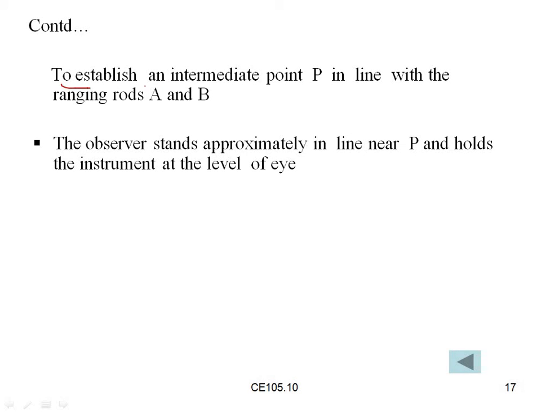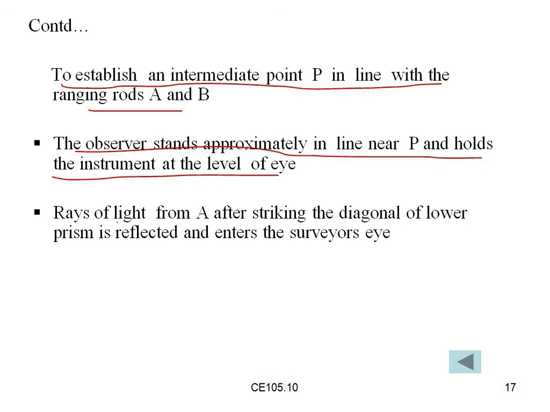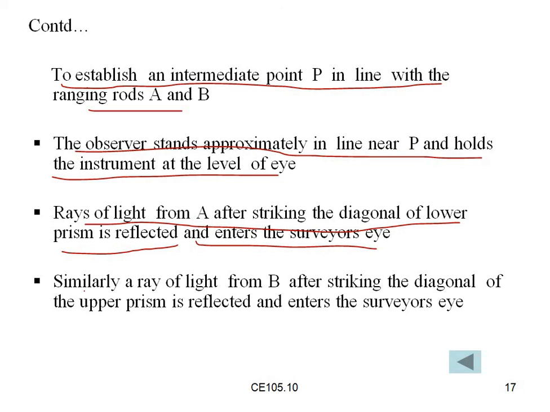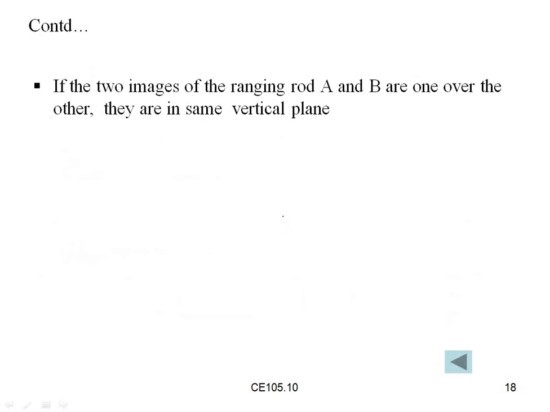Here, to establish an intermediate point P in line with the ranging rods A and B, the observer stands approximately in line near P and holds the instrument at the level of I. Rays of light from A, after striking the diagonal of the lower prism, are reflected and enter the surveyor's eye. Similarly, a ray of light from B, after striking the diagonal of the upper prism, is reflected and enters the surveyor's eye.